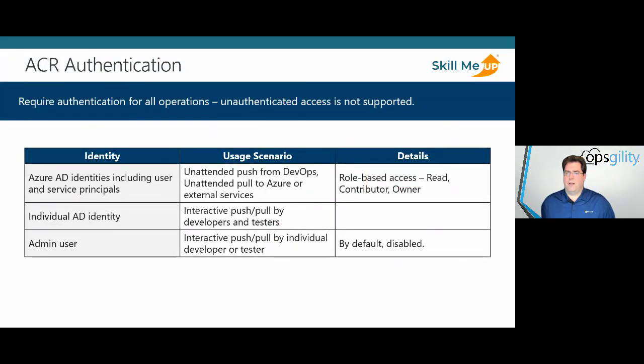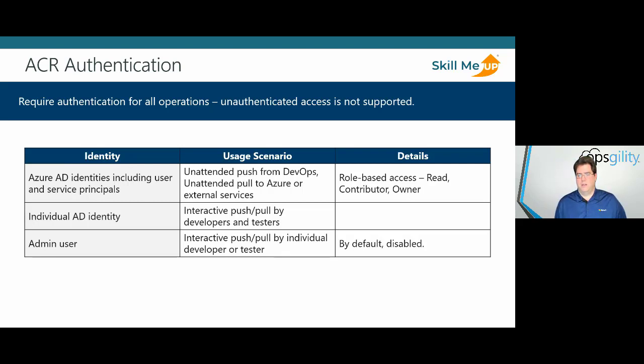A couple things to know about authentication around the container registry. Generally you can utilize Azure Active Directory for identity. You can utilize your service principals or user services, and you can then use reader, contributor, and owner type role-based access for individual identities. Generally, those are utilized for specific tasks, such as developers and testers being able to access.